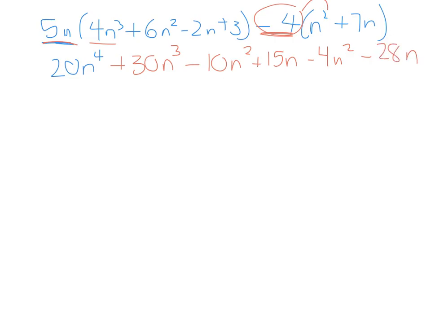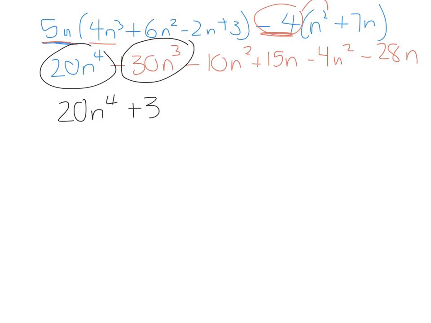And now it's a matter of combining like terms. 20n to the fourth, that's the only term that has an n to the fourth power. 30n to the third, it's the only term that has n to the third power. So plus 30n to the third.